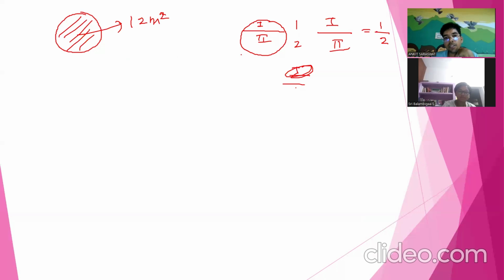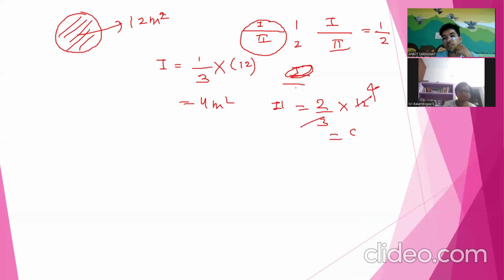Then what is the value of part 1? It will be 1 by 1 plus 2, 1/3 of total, 4 meters square. Similarly, part 2 will be 2 by 2 plus 1, 2/3 of total. 3 4s are 12, so 8 meters.